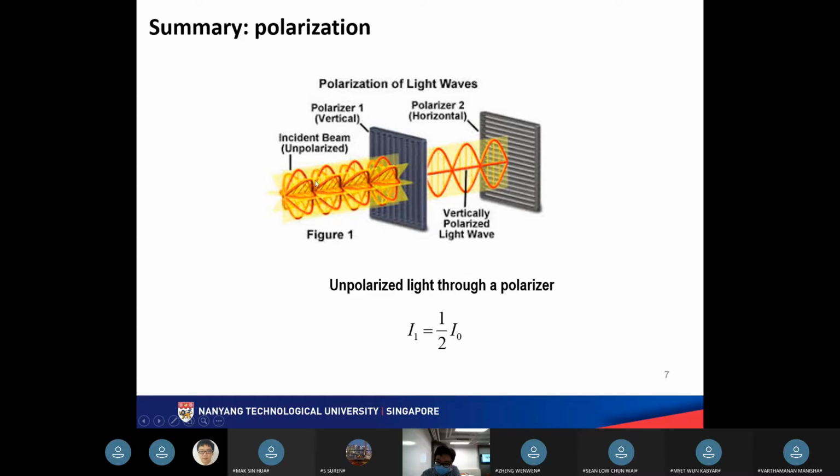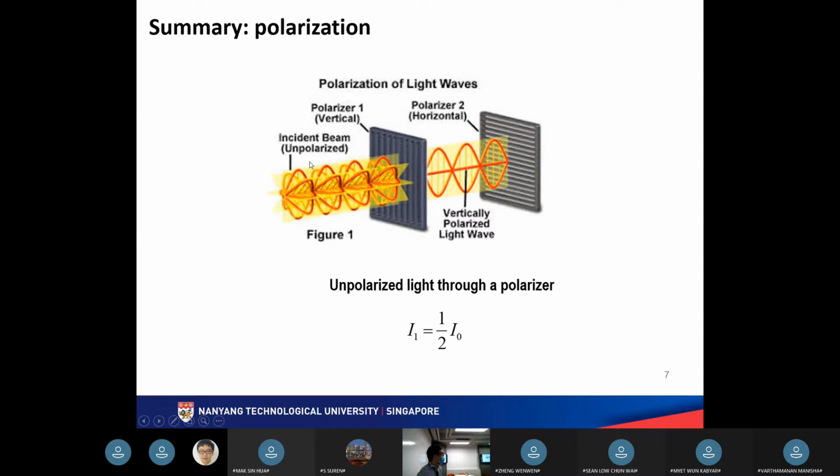If you enlarge the detail, you can see light is just like a rope wave oscillating perpendicular to its propagation direction. This configuration is what we call unpolarized light. Sunlight or white light is normally unpolarized light. It oscillates in the plane perpendicular to the propagation direction.